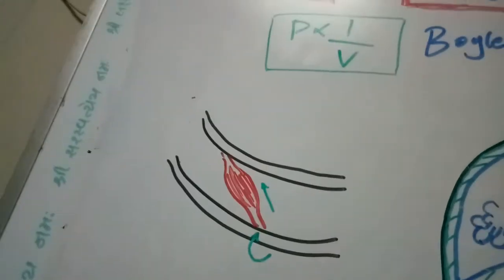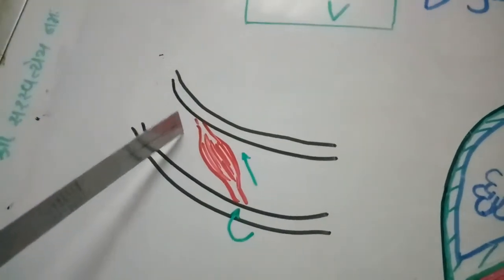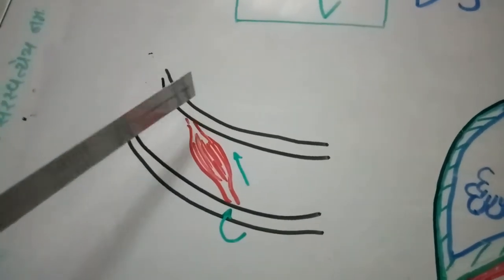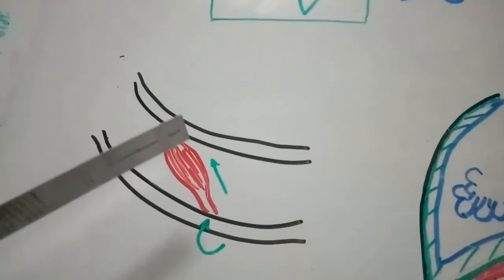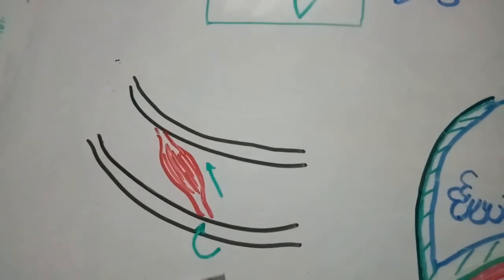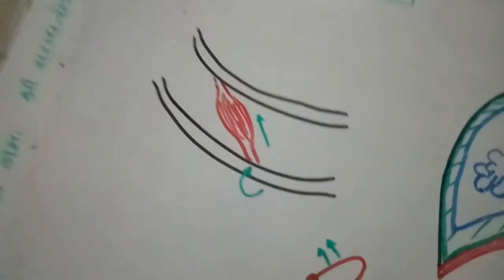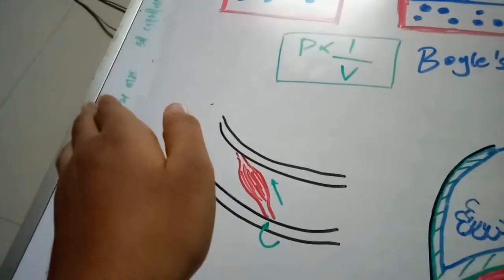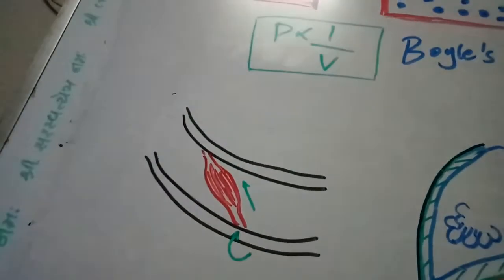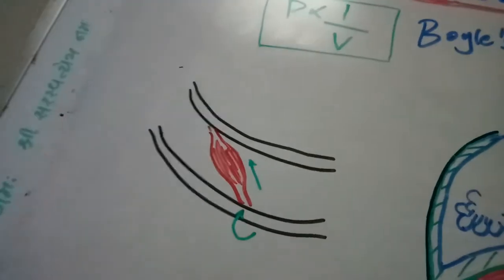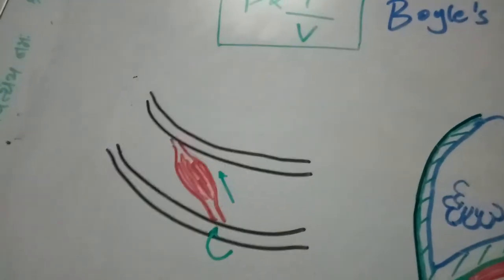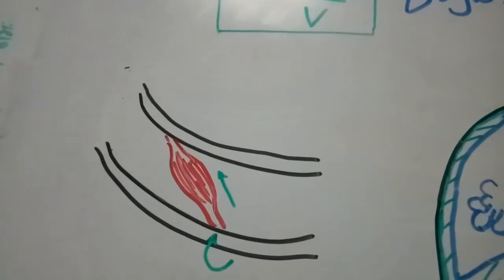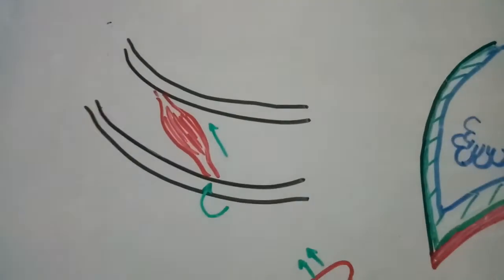So they originate from the back and the upper rib and are inserted in the lower rib in the front. When they contract, they will bring the rib like this. If we have two ribs, it will bring the lower rib outside. So you can imagine that this way it is going to increase the volume of the chest cavity.